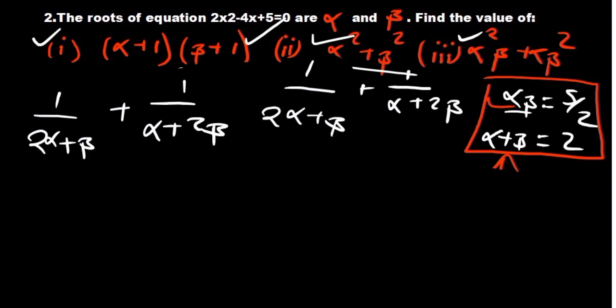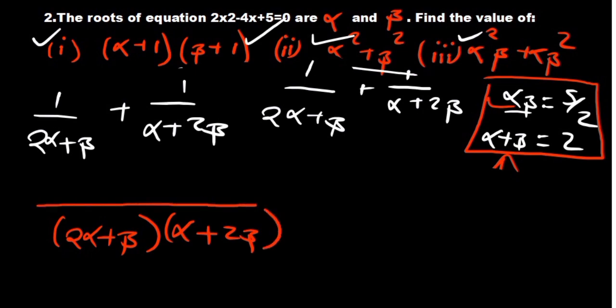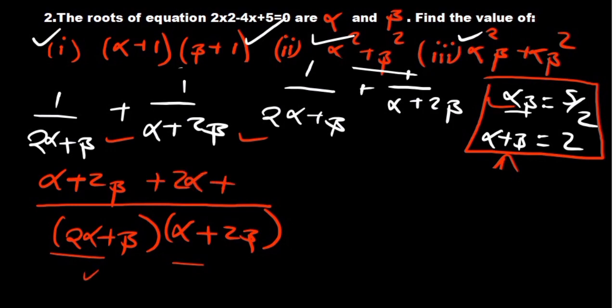So the common denominator is going to be a product of denominators. So on the numerator, if you divide this into the that, we're going to remain with the other part, which is alpha plus 2 beta. Equal, when you look at that, you remain with the opposite side, plus 2 alpha plus beta.